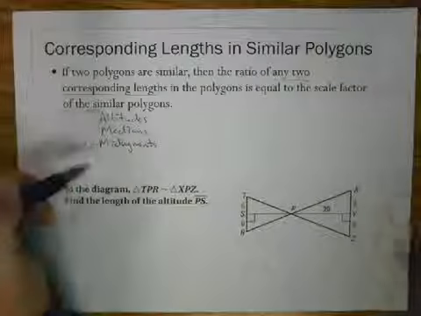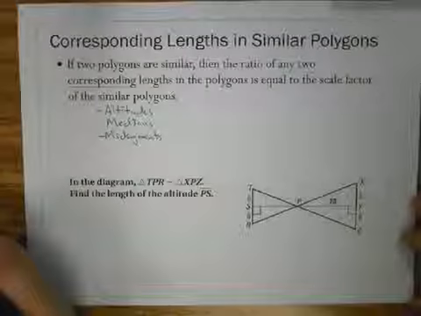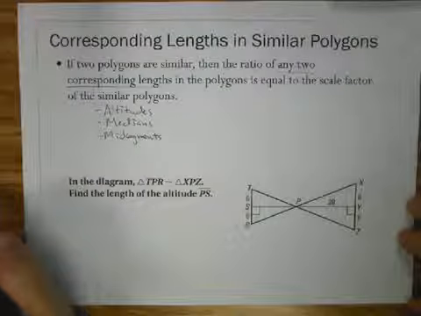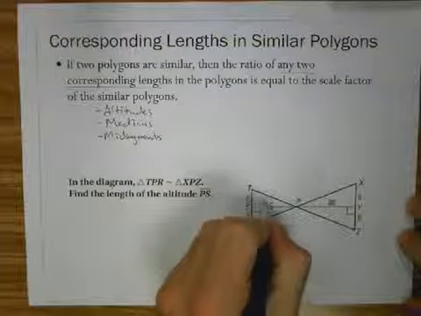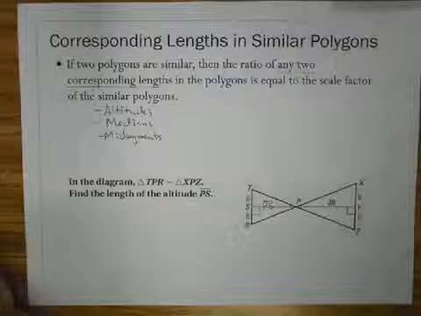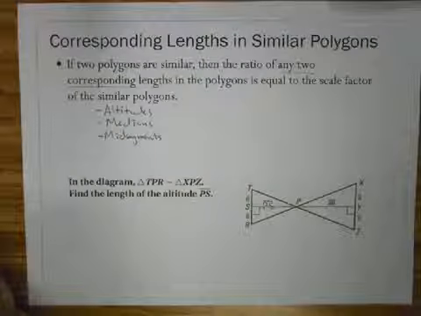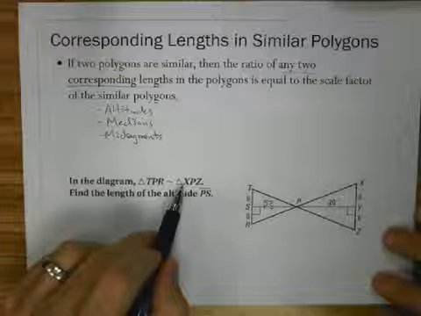Maybe some other things we may have: altitudes, medians, mid-segments. It's any types of lines or measurements we could have in those triangles that also fit to the scale factor.